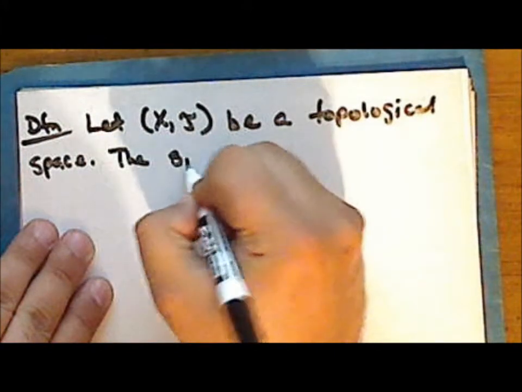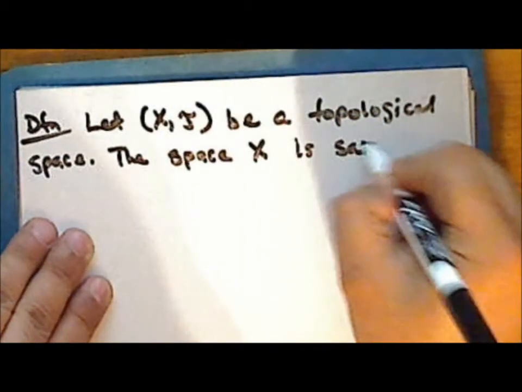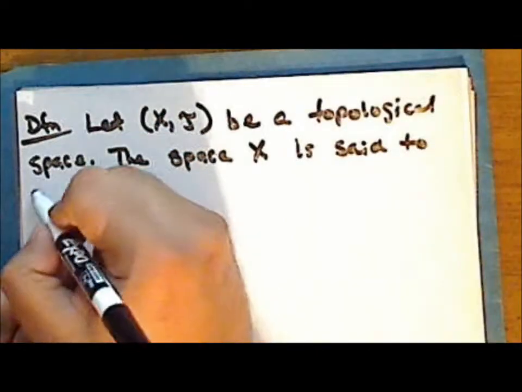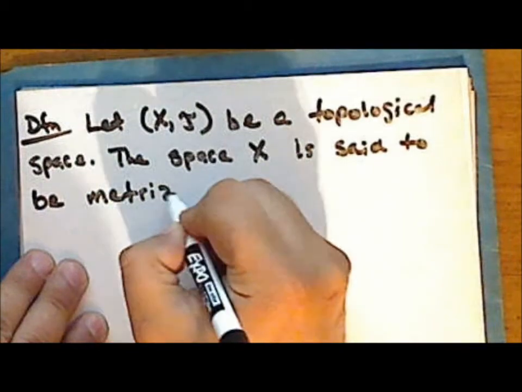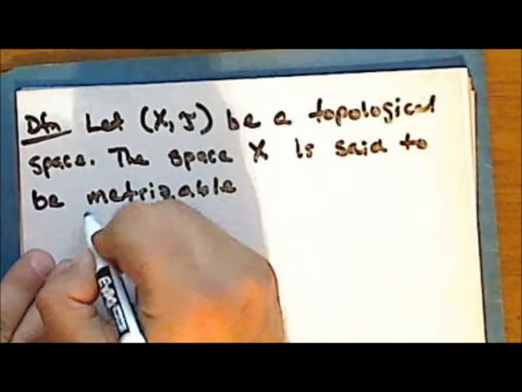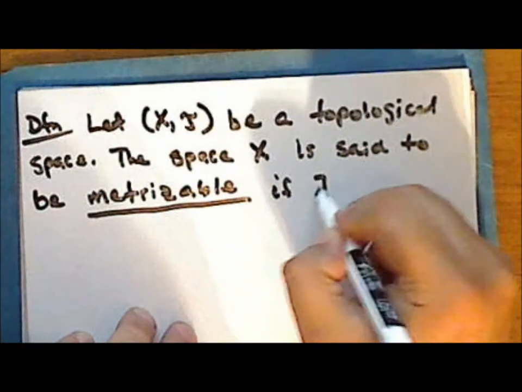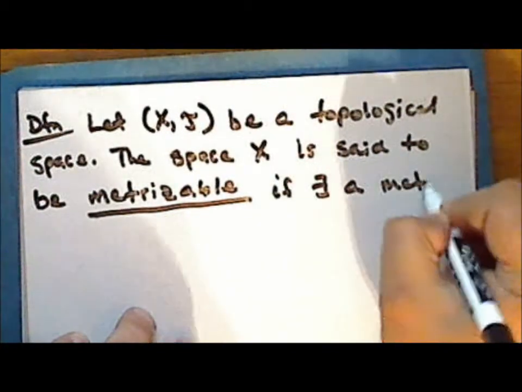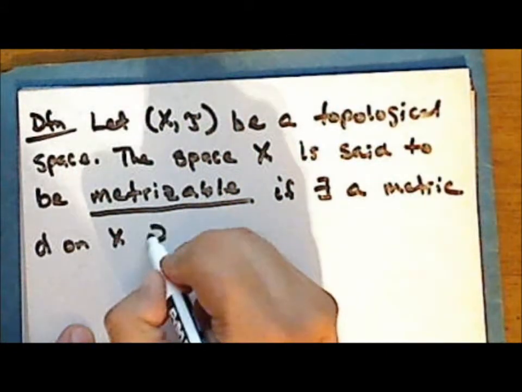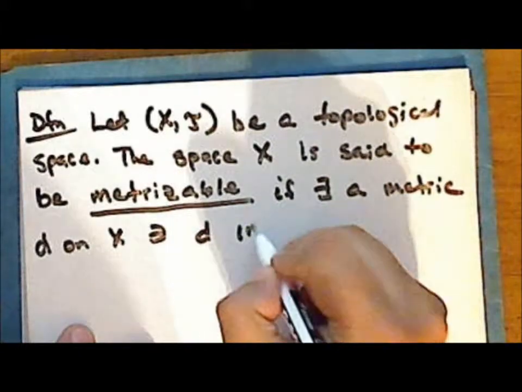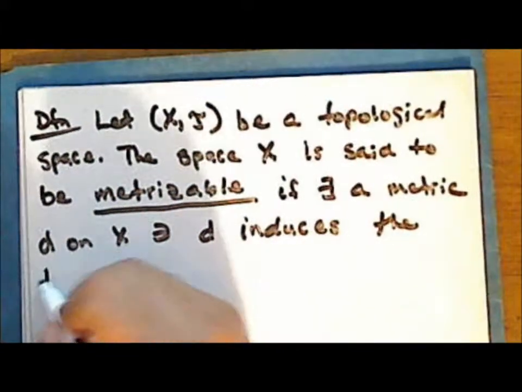The space X is said to be metrizable if there exists a metric D on X such that this metric D induces the topology tau.